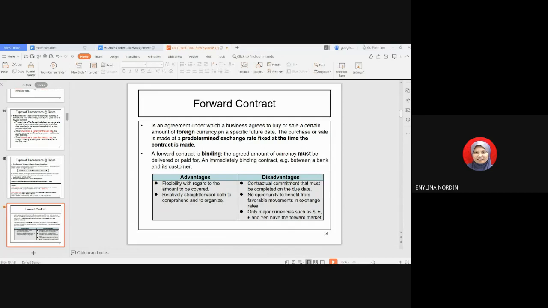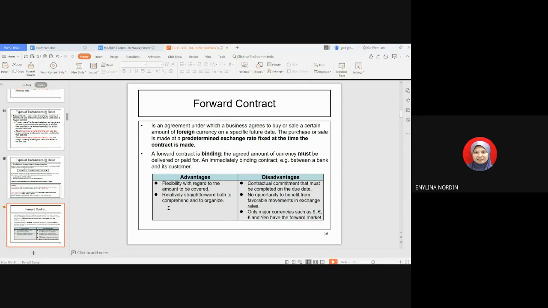A forward contract is binding. The agreed amount of currency must be delivered or paid for, an immediately binding contract between the bank and its customer. This is an advantage of the forward contract: the flexibility with regard to the amount to be covered. So it's flexible.